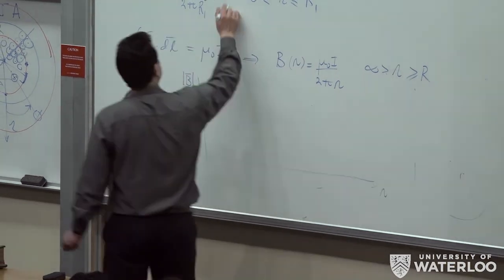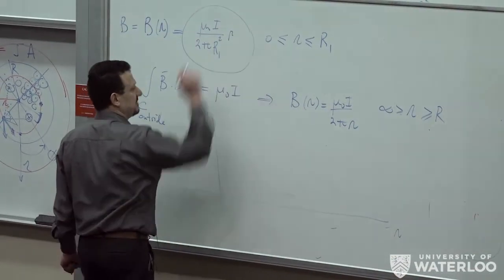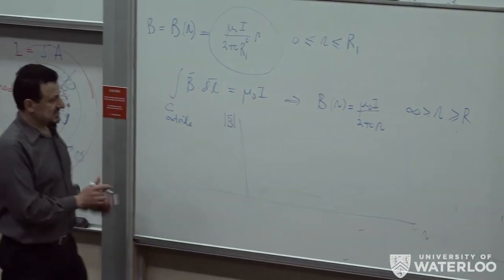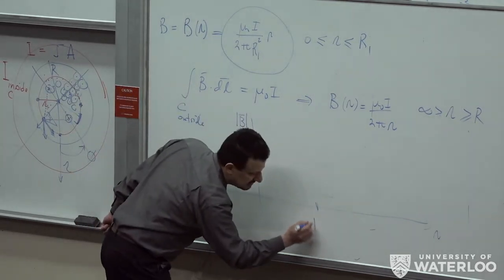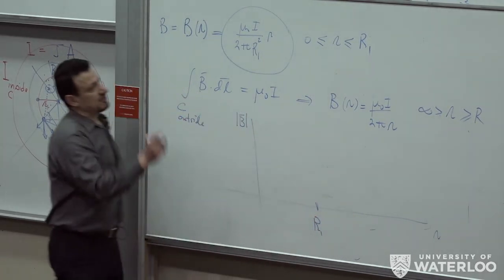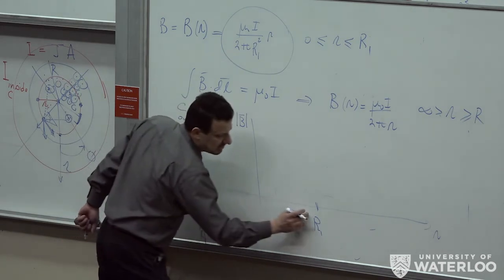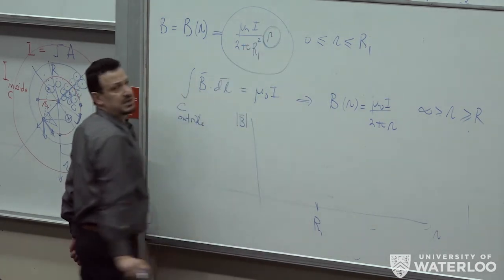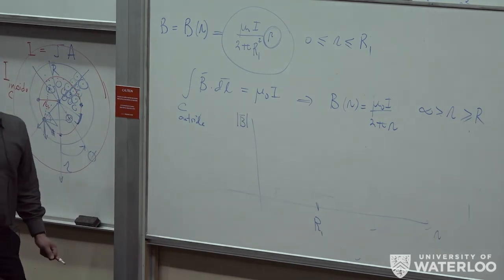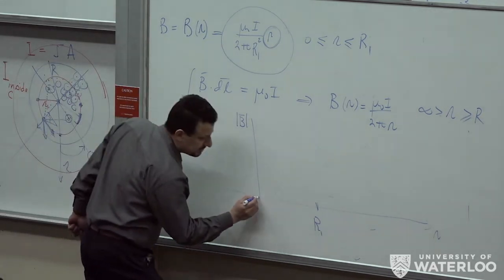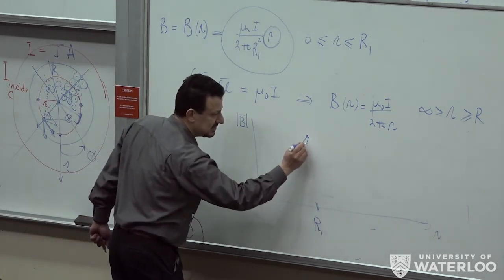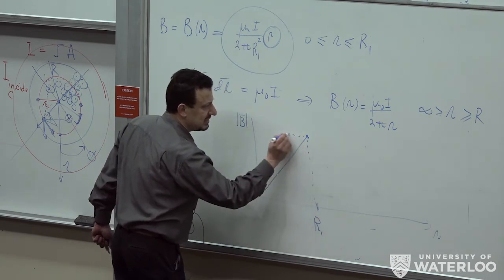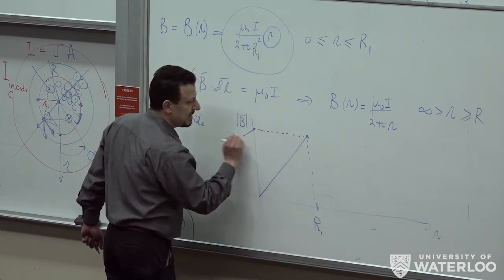The first part of it is this one. What kind of function is this? This is R1. So if R is between 0 and R1, what is the variable here? R. So it's a linear function. It's going to be growing up like this until it reaches B maximum.